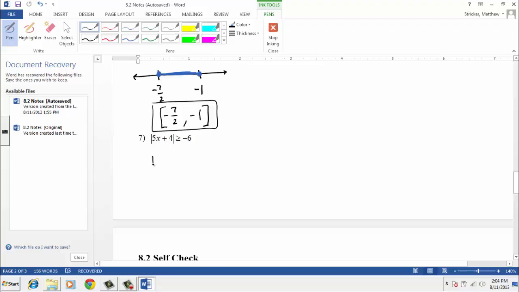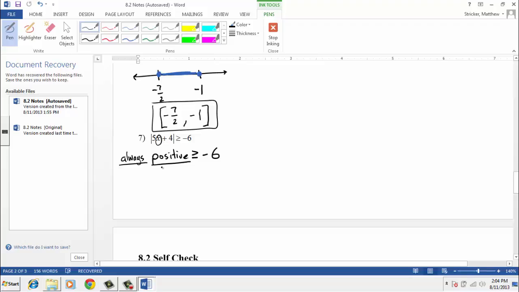So this left-hand side is always positive. And when something that's always positive is stated to be greater than -6, that's a statement that is always true. It doesn't matter what I plug in for this x, -1,000,000, +2, 0, the left-hand side is always positive.